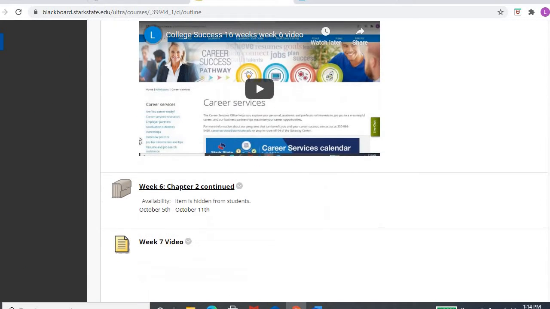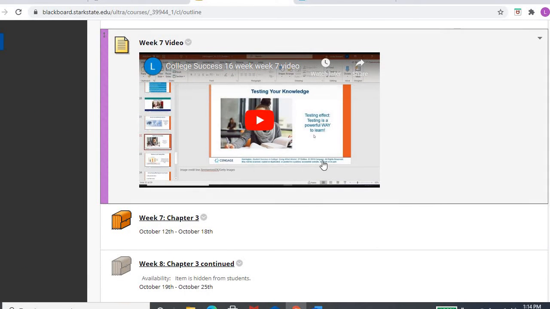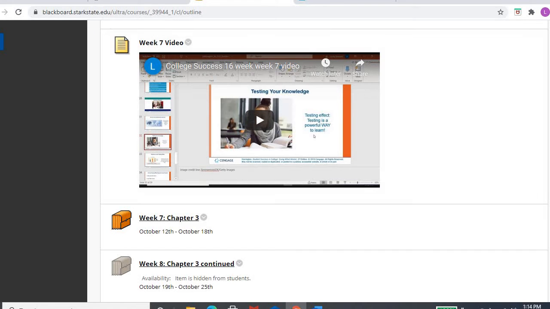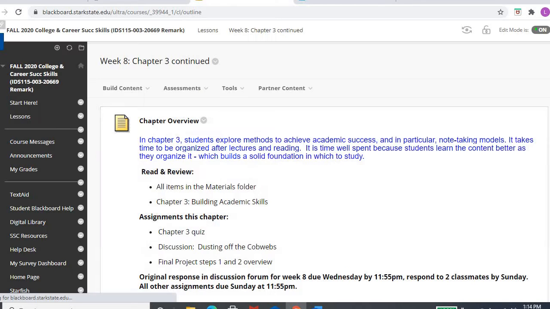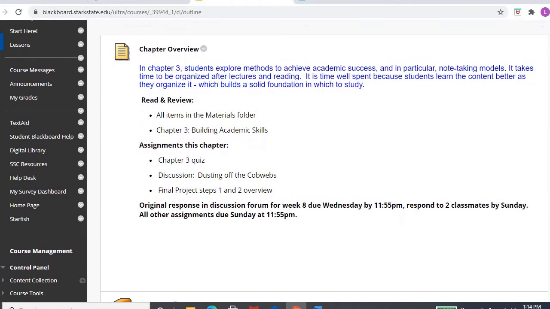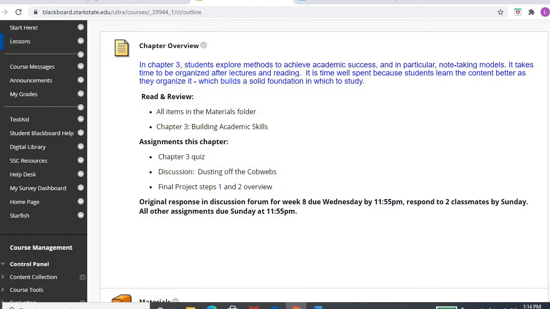I will leave that up since it is connected with chapter 3 as well. You should be able to go back and access week 7 if you need to refresh your memory on the chapter 3 content. For reading this week, just make sure you refresh your memory on, oddly enough, chapter 3, which deals a lot with memory. Go back into your text and reread as needed.